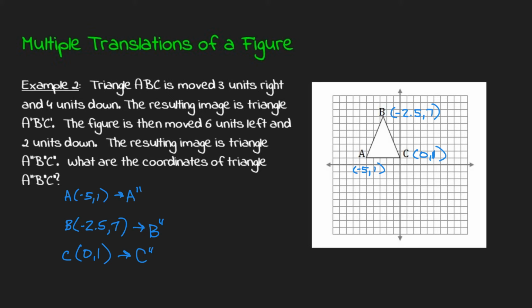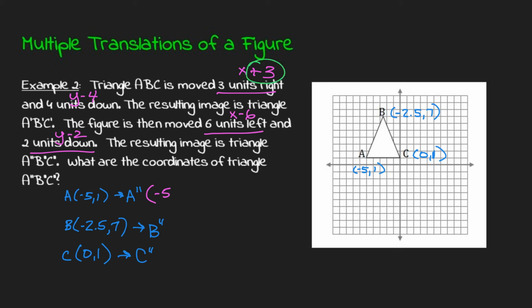So up here we have that we went 3 units to the right. So to the right means that you're adding to the x. 4 units down means that you're subtracting from the y, so that takes care of the first transformation. Then we go 6 units to the left, so we're subtracting from the x, and 2 units down, subtracting from the y. So for A, we take -5, and then I can put with it the 2 translations.